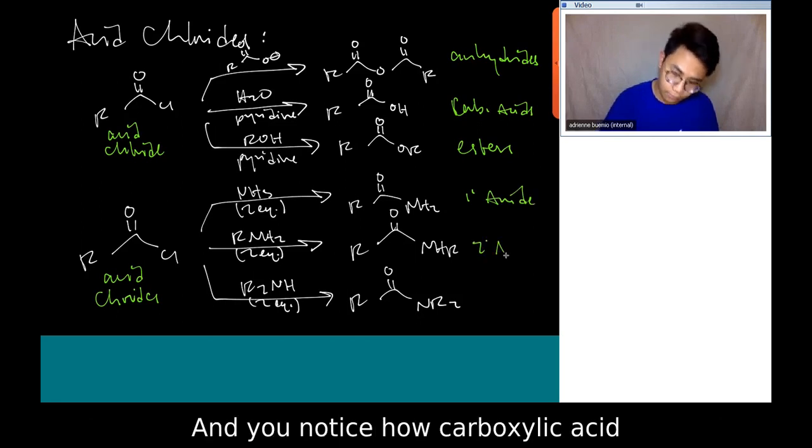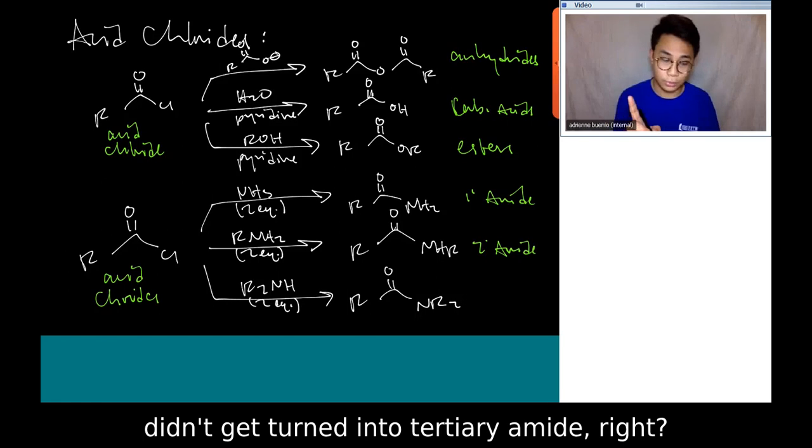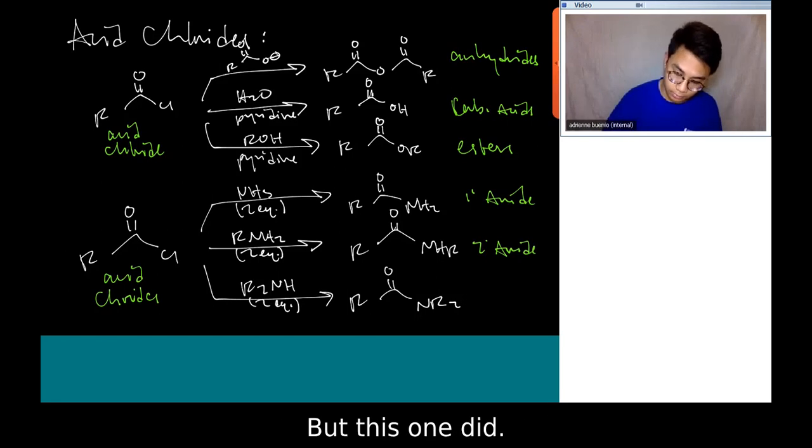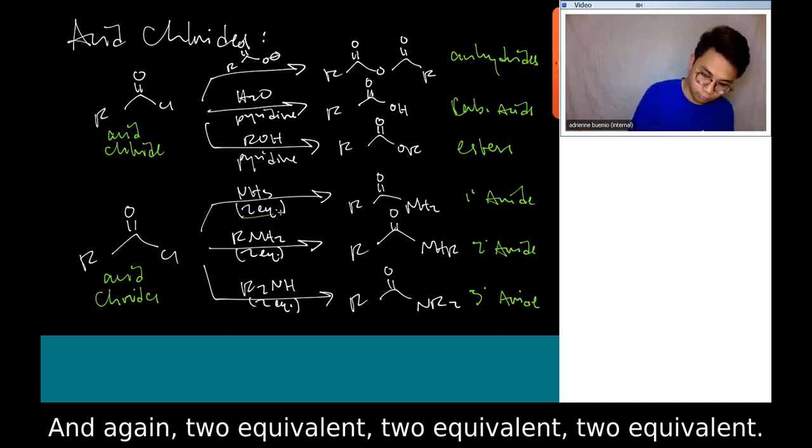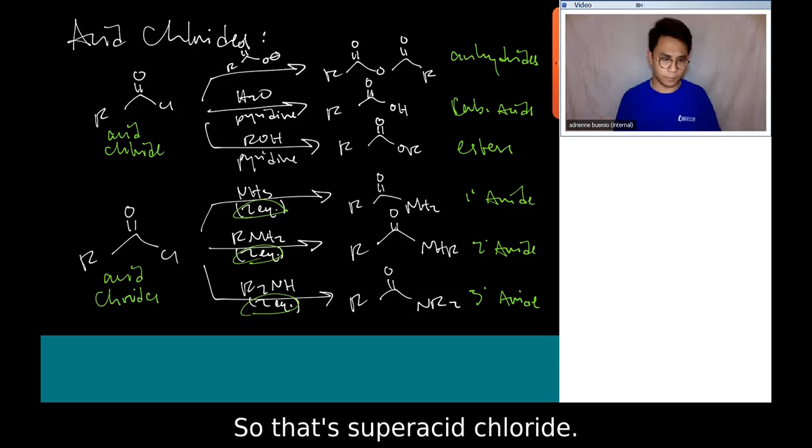And you notice how carboxylic acid didn't get turned into tertiary amide, right? But this one did. So, right. And again, 2 equivalent, 2 equivalent, 2 equivalent. Okay, so that's it for acid chloride.